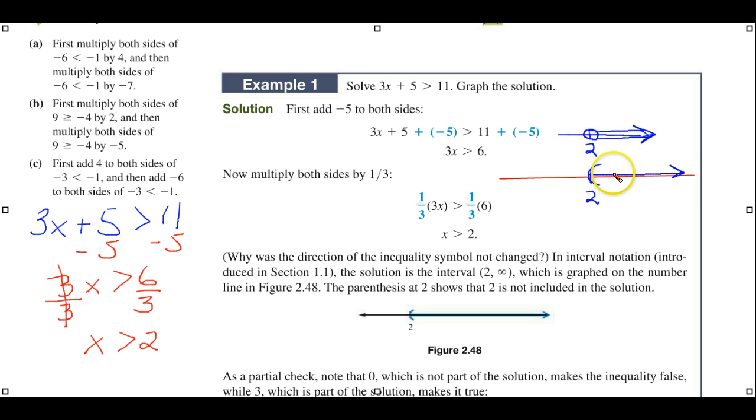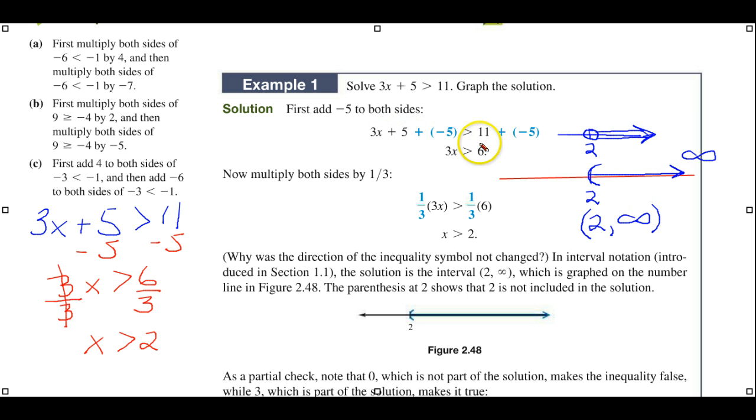And interval notation starts at 2. And since 2 is not included in the set, we put a parenthesis, just as we would on the graph, comma, and this is going out here to positive infinity, and that's how we would do it.